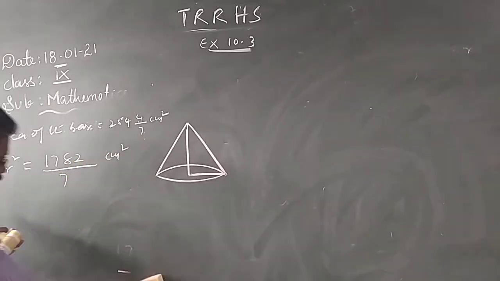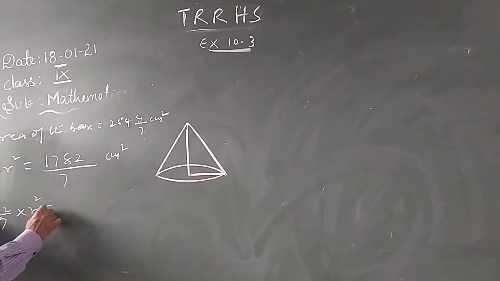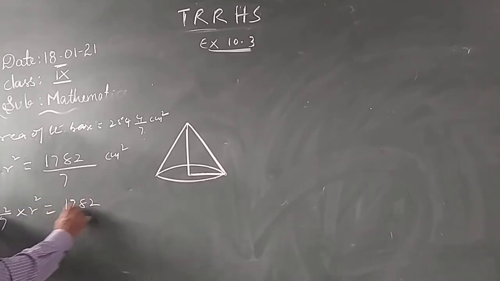Now the base area is given, and we have to find its volume. So 22 by 7 into r square is equal to 1782 by 7.